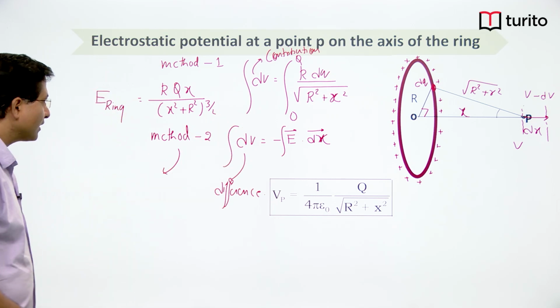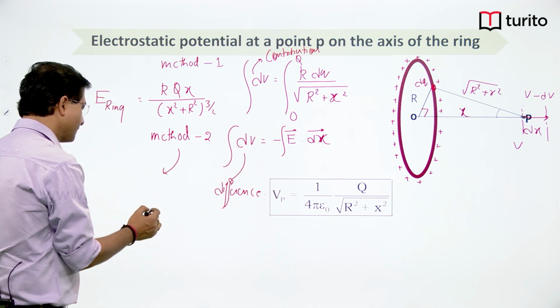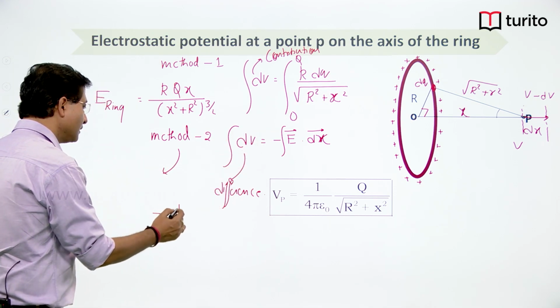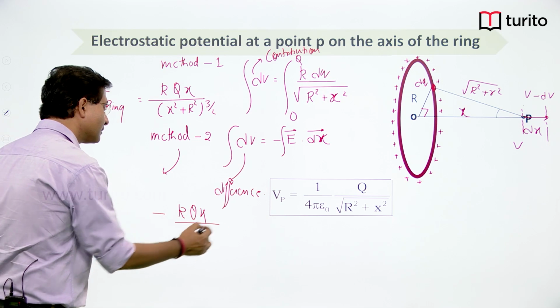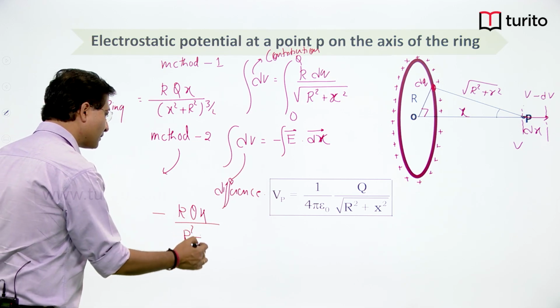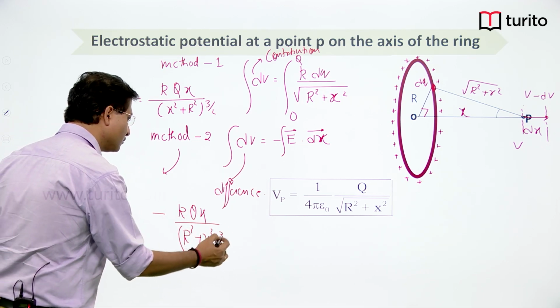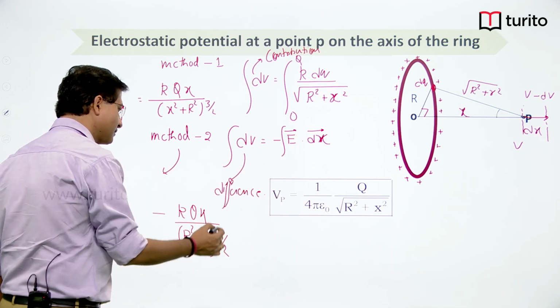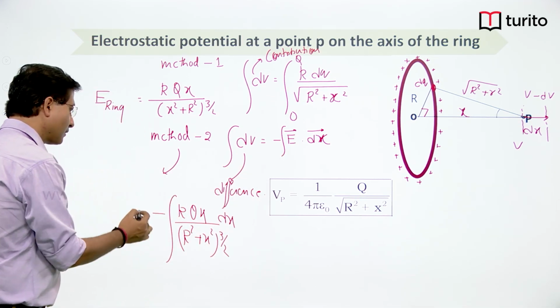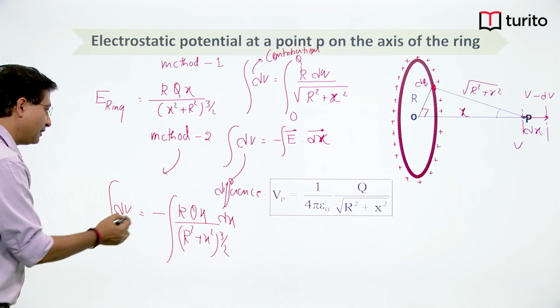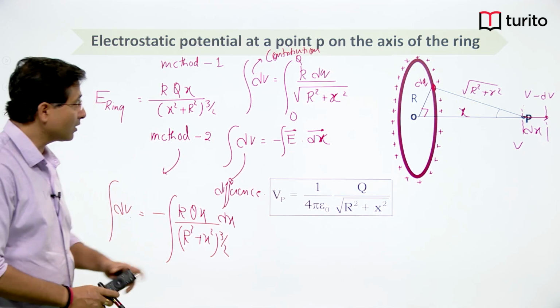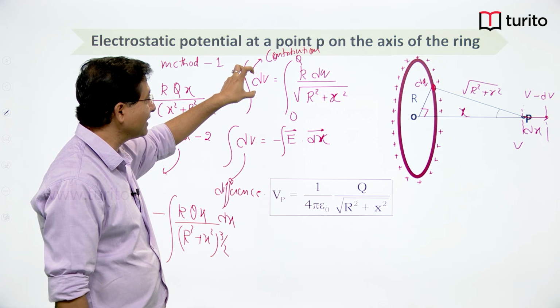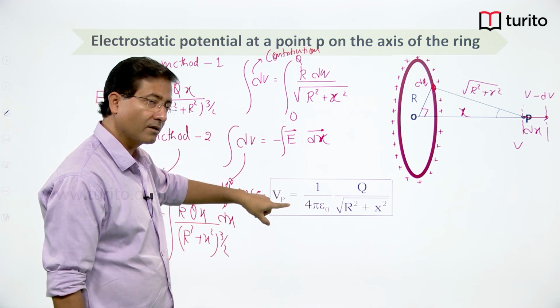Now, if I substitute this value field, minus kqx divided by r square plus x square to the power 3 by 2 dx, then here I need to put the limit, because this was the contribution, it gets added and you got the total potential.